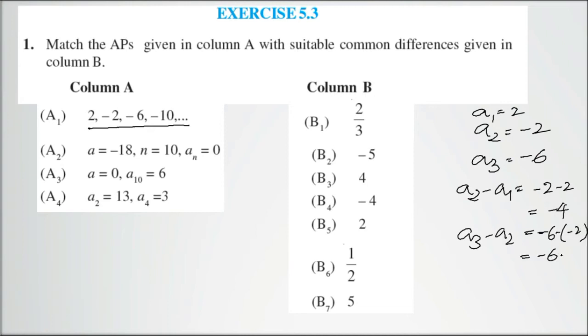We get -6 plus 2, nothing but -4. So it means that this first one, a1, matches with b4. So a1 matches with b4.